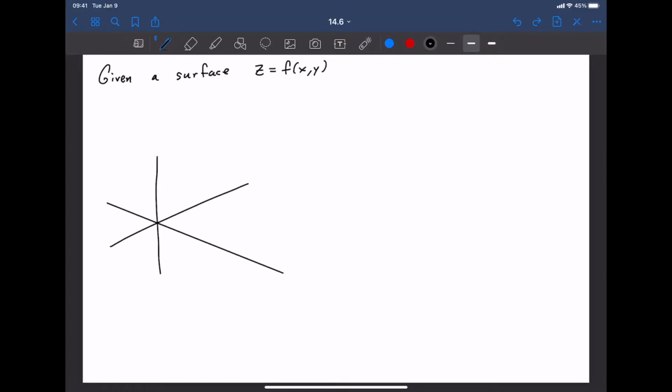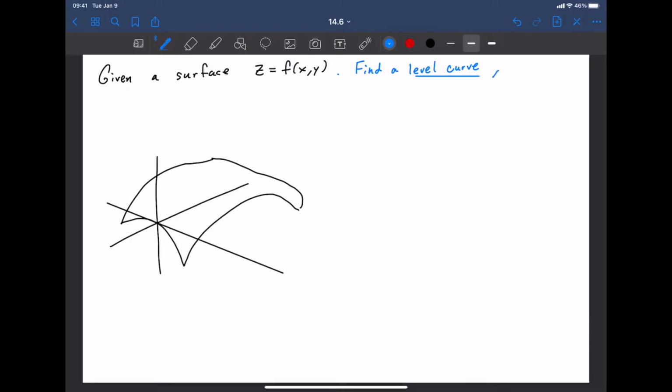So we're going to draw our surface, and we're going to find a level curve, which is back in chapter 14, section 1, so you can go watch that video if you wanted to, or just glance over the definition. f of x, y equals some constant c.